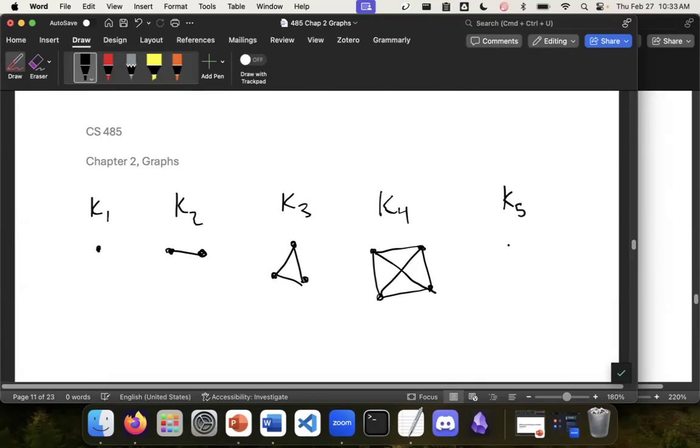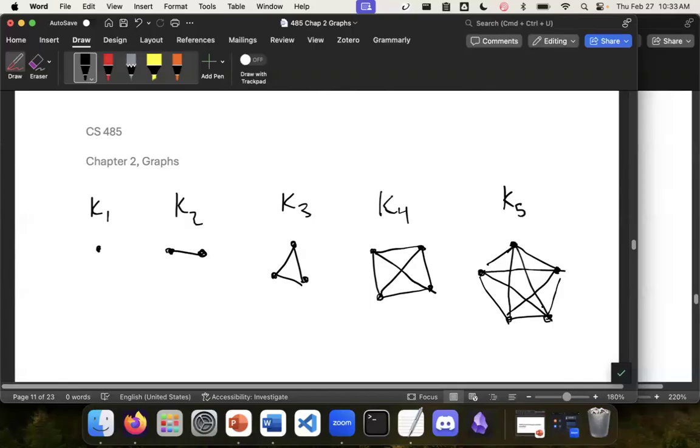K5, this is our 4 regular graph. Where we've got the cycle around the edge, but then we've got the star in the middle, where each one of these vertices is adjacent to every other possible vertex.